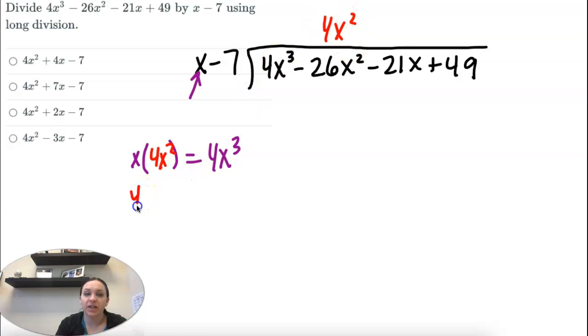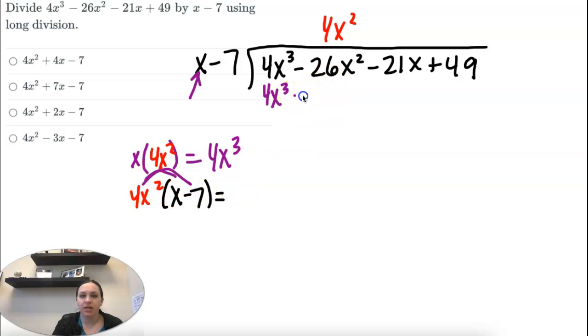Then you multiply that 4x squared by both the x and the minus 7. So that's where we get our 4x cubed, and then minus 28x squared.